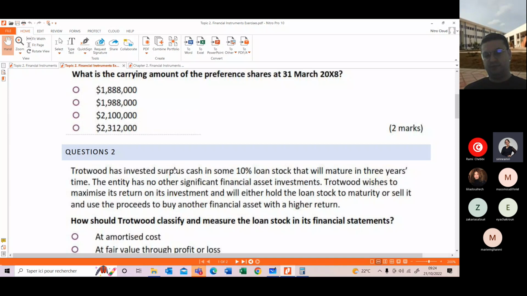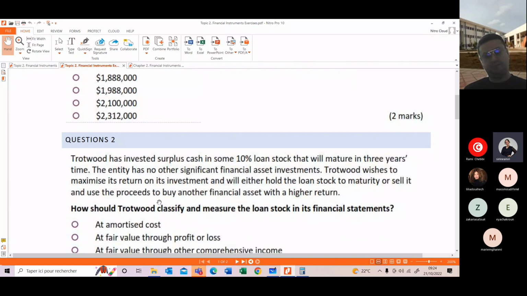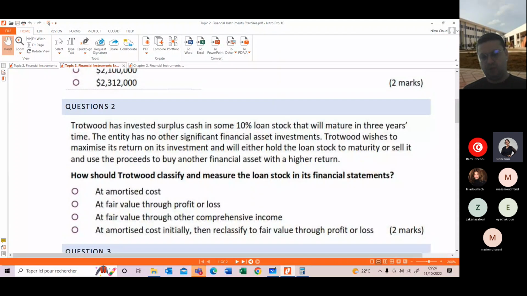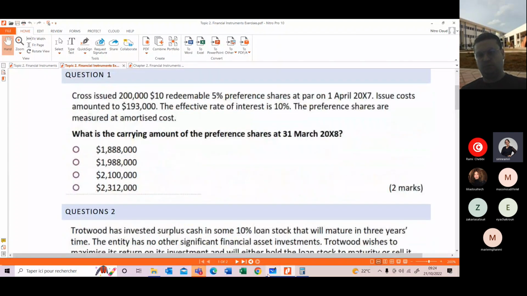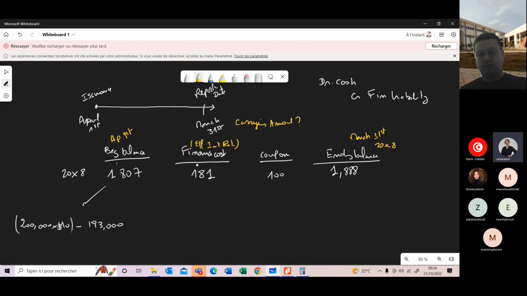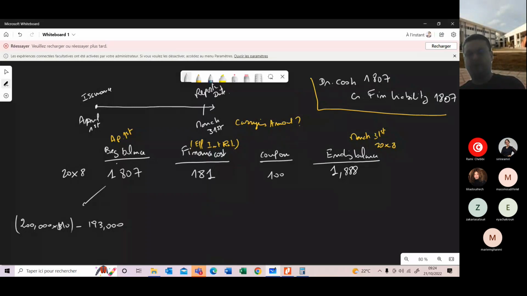Sir, I have one more question. Please. In the journal entry, we debit cash with 1,807,000, not 2 million, so it's net. Yes, absolutely right. The initial measurement, you're talking about this part? Yes. So finally, you're going to debit cash with 1,807,000, and you credit the financial liability for 1,807. Okay. Thank you. You're welcome.